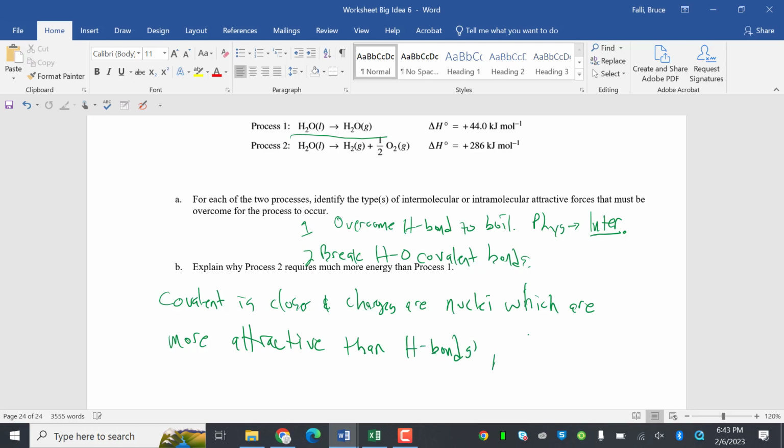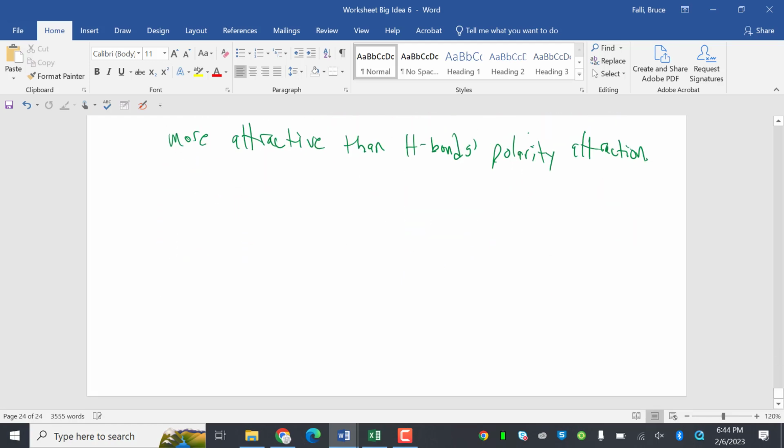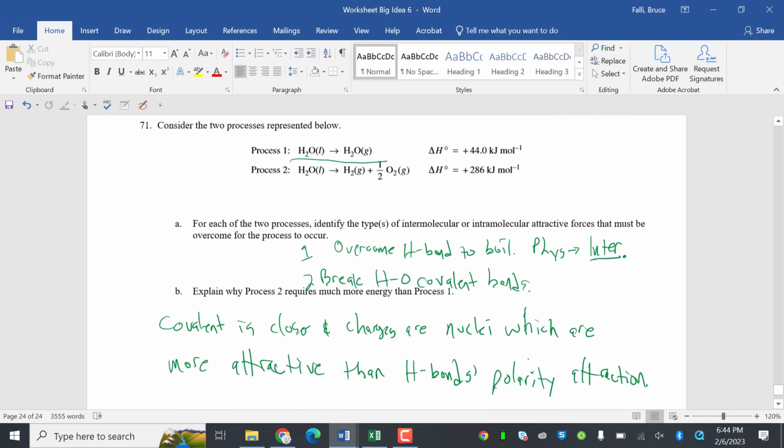H bonds, this is polarity attraction. So even though we know H bonds are a strong intermolecular force, the plain old regular covalent bonds are stronger.